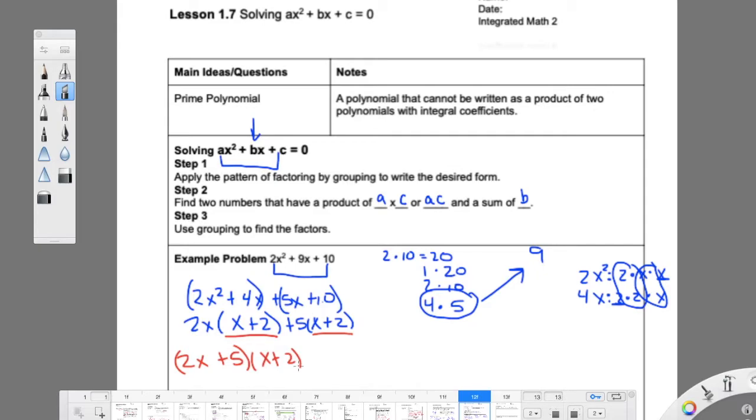You may want to go back and take a look at those just to make sure you remember how we did that method. I believe that was in section 2. So now I can say equals 0, and I can solve this problem.